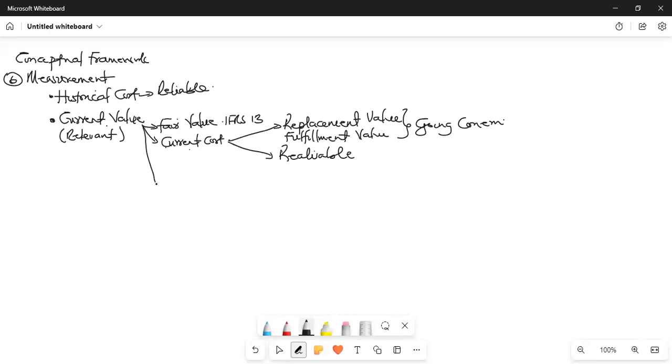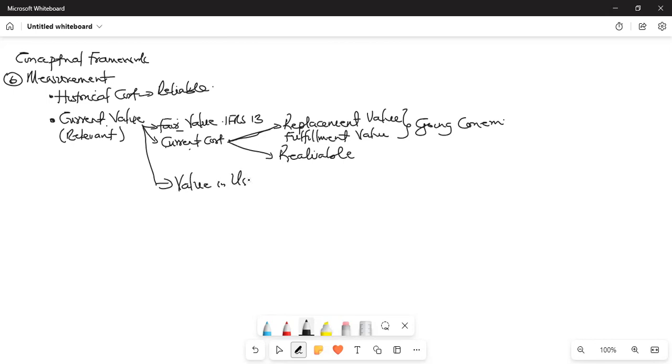Then the third one that we learned. So we said the current cost, under current cost we may have replacement value or realizable value and fair value, right? So the third one that we will talk about is what we call value in use.